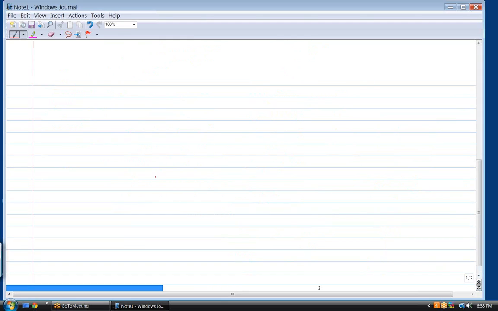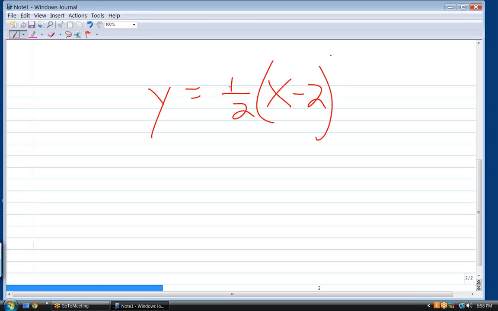Okay, let me make one up. Where's the vertex and what's the focus? Okay, so the vertex is going to be 2, 0.